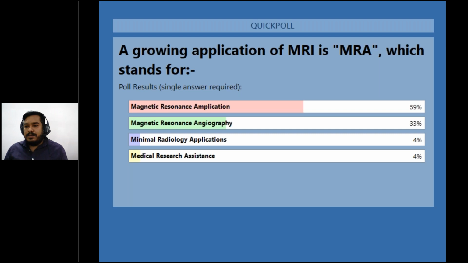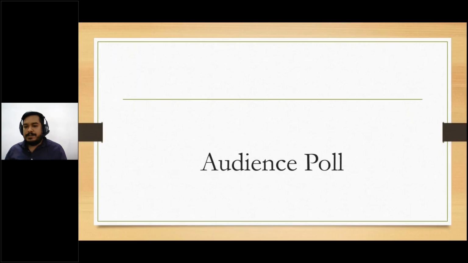The correct answer should be angiography, option B, I think. So 33% people went for that correctly. This is a very straightforward question anyway, but maybe we are not too acquainted with this medical term.